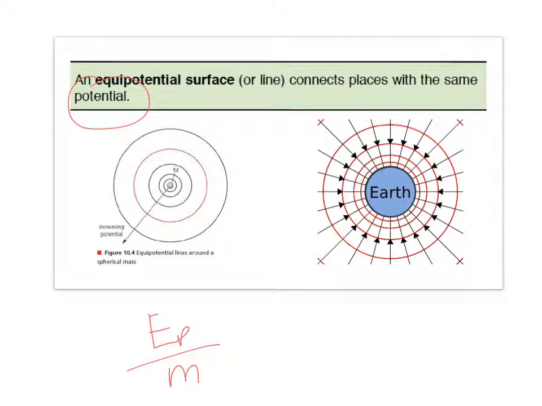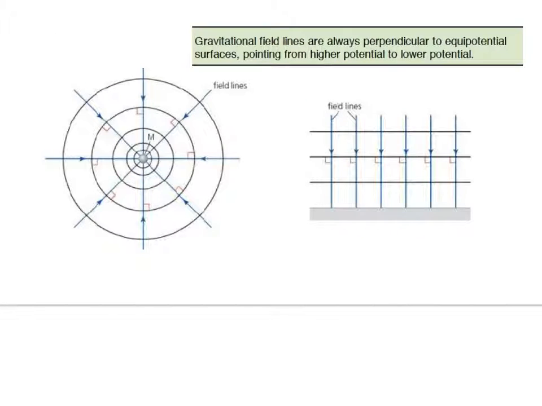Now, equipotentials have rules, and they're very easy to draw if you follow those rules. Gravitational field lines are always perpendicular to equipotential surfaces. That's the first thing. So when you're drawing these equipotentials, usually the field lines are there already.